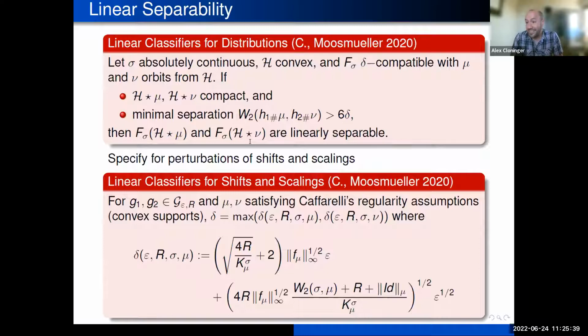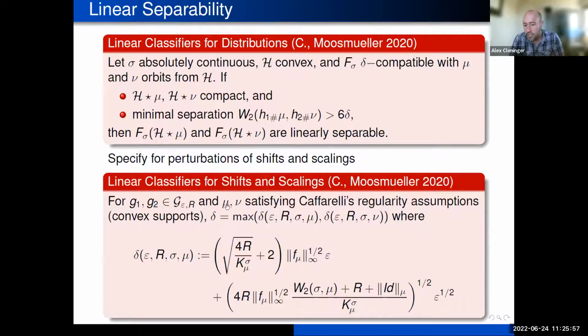That's kind of surprising, right? Honestly, this surprised me, that you don't have to build a complicated classifier. Very, very simple classifiers will be able to tell the difference between all of these different mu's and all of these different nu's. And we can be hyper precise about this.